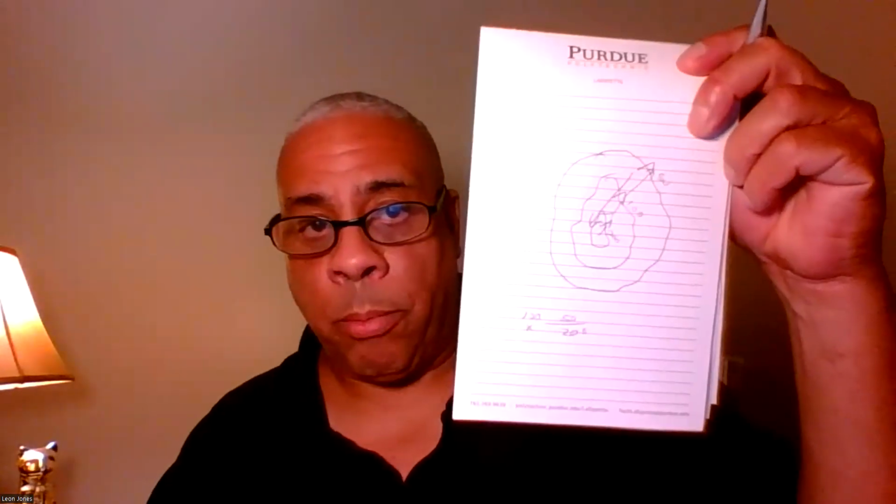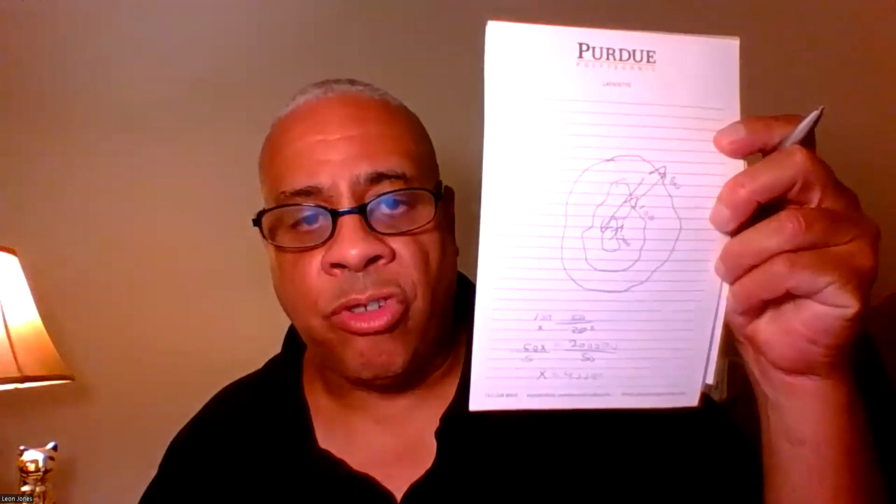Set up a proportion. And what I would do, I would say 50x equals 200,000. And then I would divide both sides by 50, and I'd come up with a number. I'd come up with 4,000, something like that. Always set up a proportion. That's another way you can interpolate.